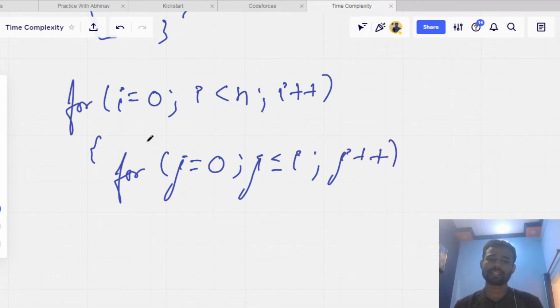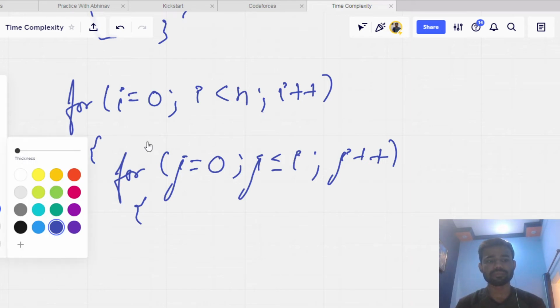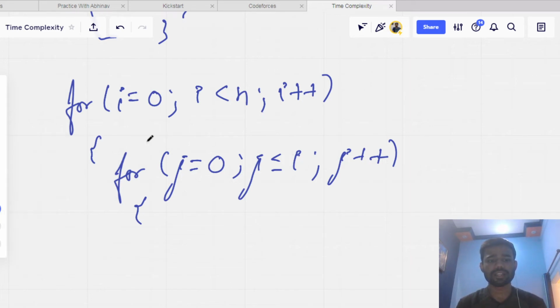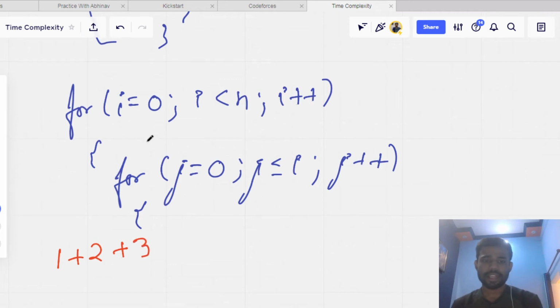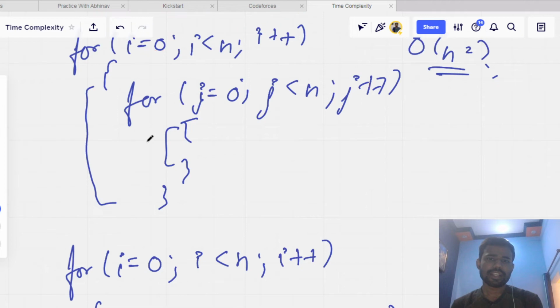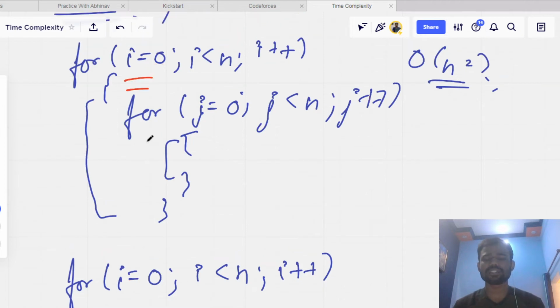Okay, it is like this. So when the value of i is 0, this j loop is running one time. When the value of i is 1, it is running two times. When the value of i is 2, it is running three times. In the first case, it doesn't depend on the value of i; it is always running n times. So n plus n up to n.